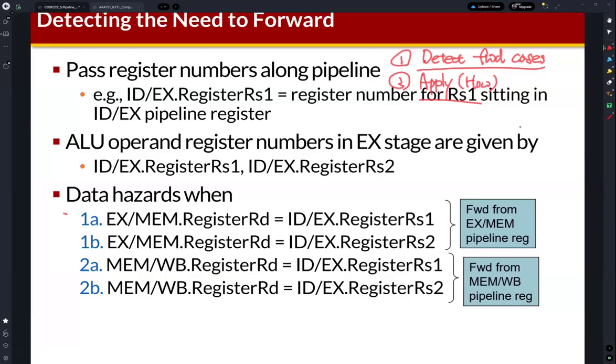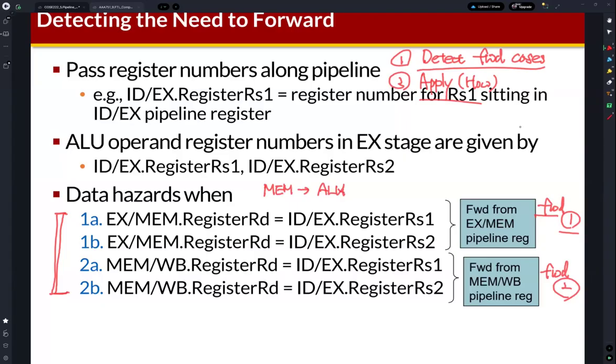So this is the data forwarding condition, right? This is forward one, and this is forward two. For forward one, I mentioned that the data is forwarded from the memory stage to the ALU.